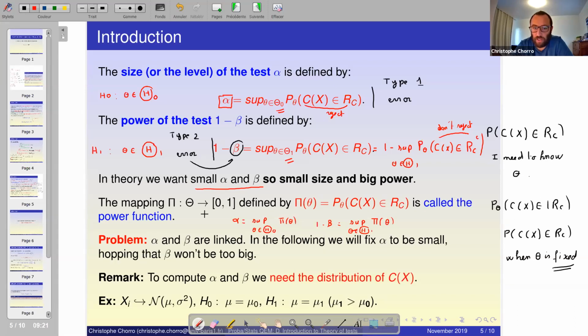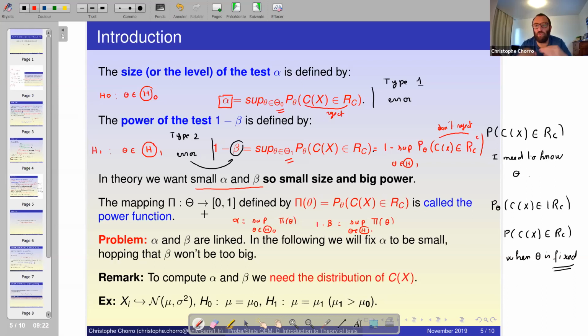Why can't I do it? Because the type 1 and the type 2 errors are related. So you have a link, and I will show you in an example just after what this kind of link can be. I have a link between alpha and beta. So it means that if you want to minimize alpha and minimize beta at the same time, it won't be possible, because in general, when you increase or decrease alpha, the converse happens for beta.